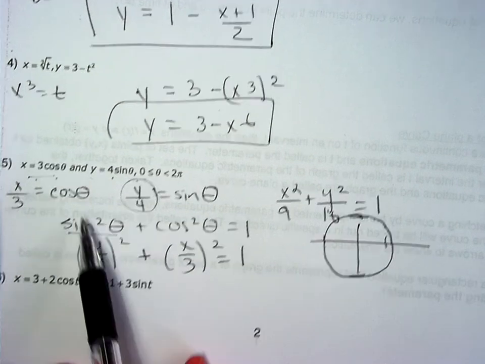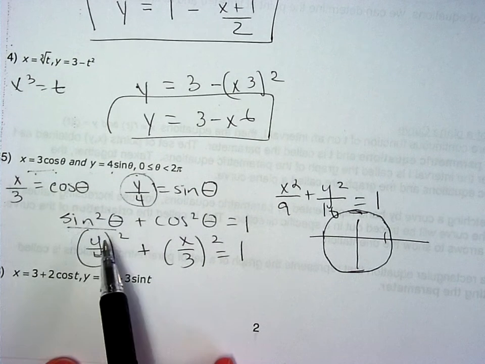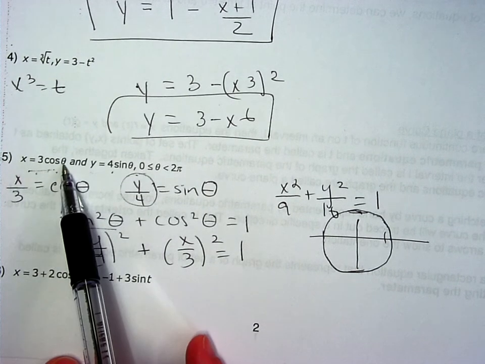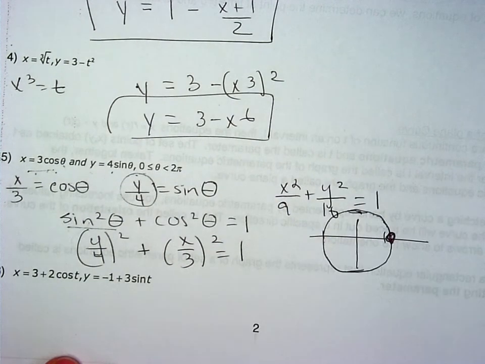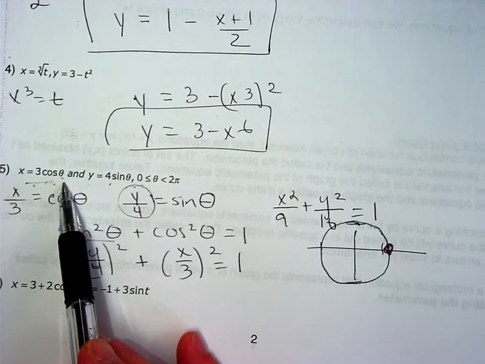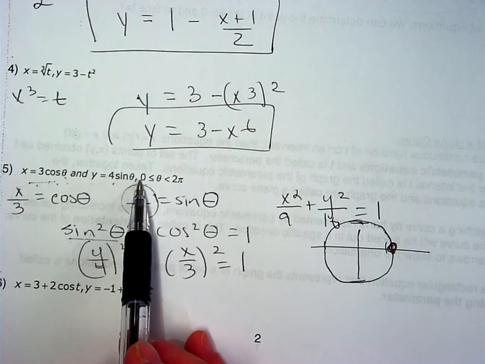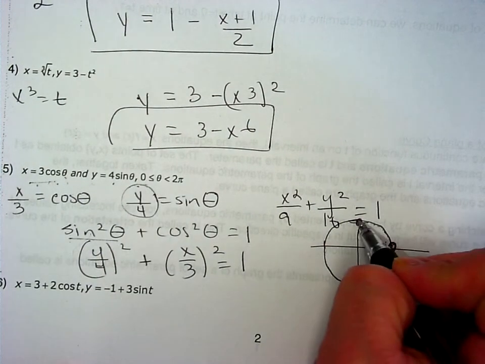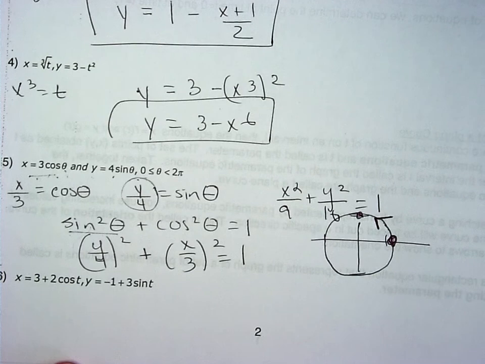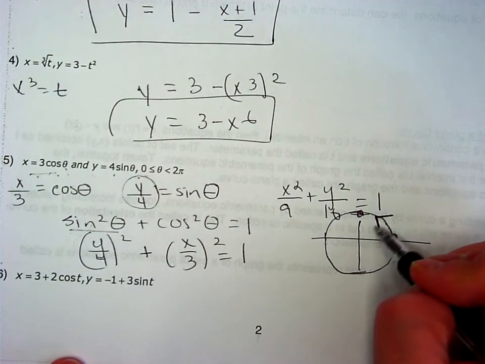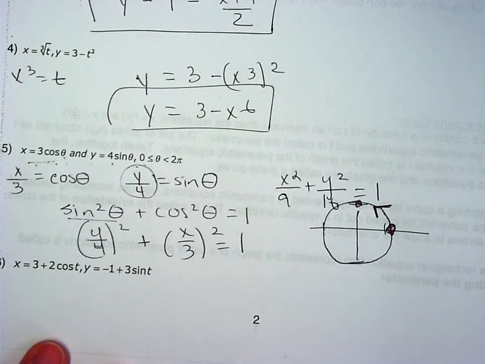So if I plug in theta is equal to 0, I will start at 3, 0. And then you can plug in like theta equals pi half and see what the corresponding x and y are, and the next point is here. So this is called your orientation. It's the direction that the graph is moving, and all you need to do is draw an arrow there showing me which direction it's going.